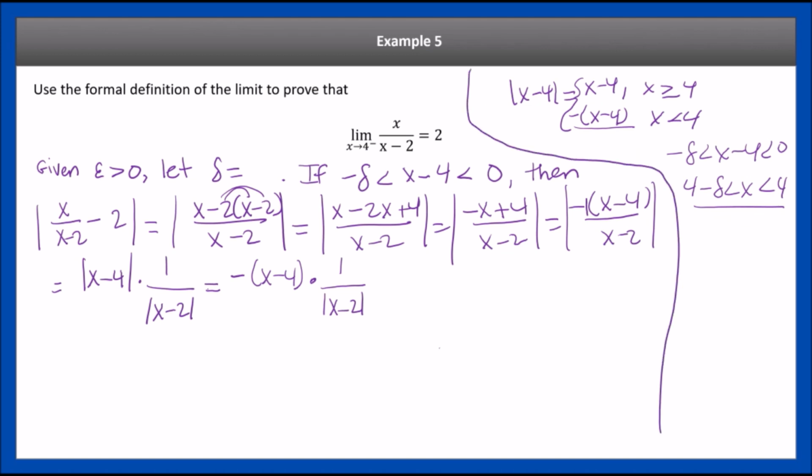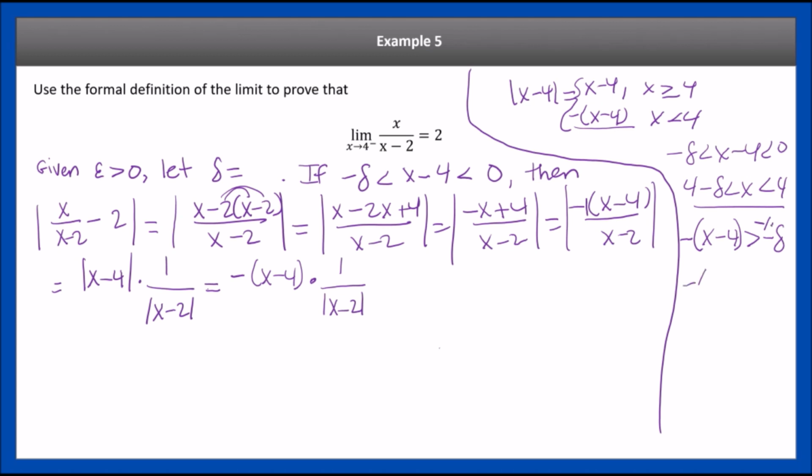We see that x minus 4 is greater than negative delta. If I just look at this side right here without the 0, I'm not going to even look at the 0 part. So x minus 4 is greater than negative delta. Well, then if I multiply both sides by negative 1, that's going to flip the inequality, right?